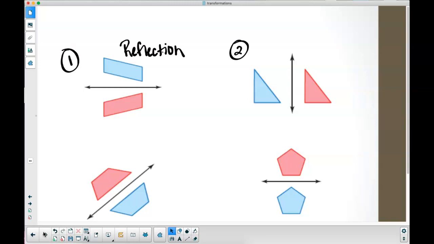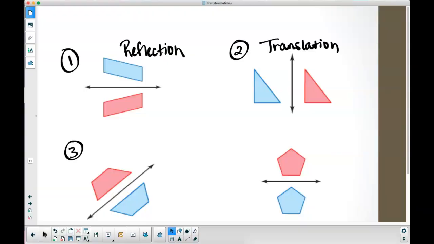What's that? Exactly. Translation. How about number three? What do you think that one is?